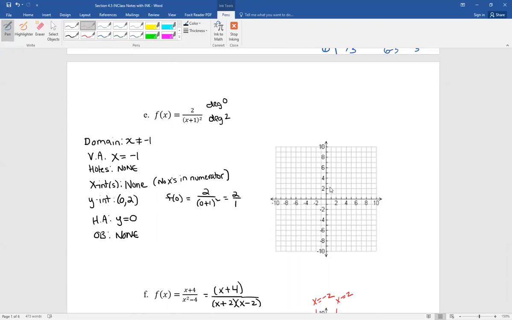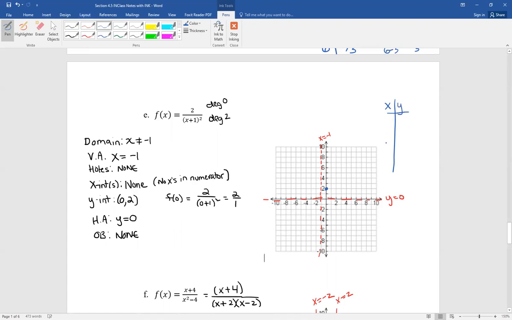So we want to go ahead and dash in all of our asymptotes. So at -1, we're going to dash in a vertical asymptote and label it all the way down. At y equals 0, we have a horizontal asymptote. The only point that I was provided with from the information is (0, 2), my y-intercept. So we're definitely going to need a table of values to find some more points.